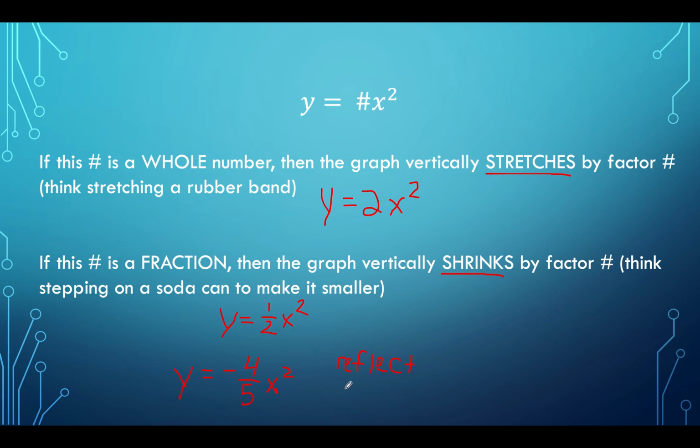It's shrinking. Okay. So if you have a whole number, it stretches, a fraction shrinks, and then we're going to combine what we did on the last slide. So now if we had y is equal to negative 4/5 x squared, because of this minus sign, it reflects, and because of this 4/5, it shrinks.